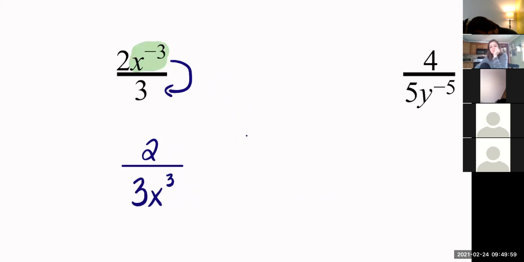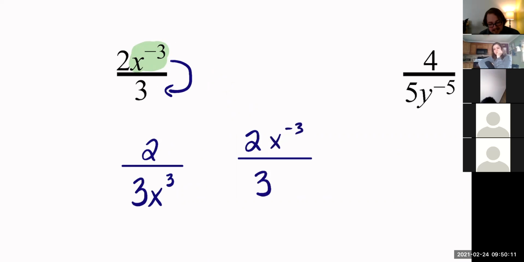I think if I have it handwritten here, I can kind of do a little animation. So all I'm doing is I'm moving this base that has the negative exponent to the bottom, and all that changes, other than the location, is that the exponent turns positive. That's it.